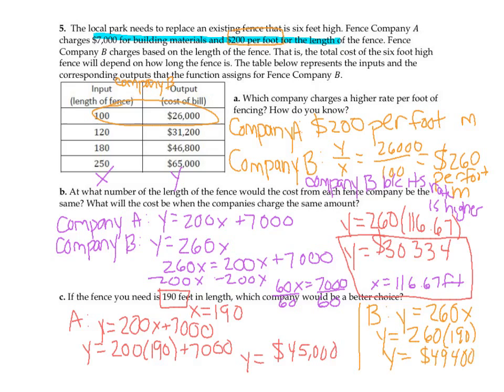So it's asking us, if the fence you need is 190 feet in length, which company would be a better choice? If we're buying a fence, we would want to pick the company that has the cheaper fence. So 45,000 is cheaper than 49,400. That would tell us that Company A is the better choice because their fence would be cheaper.